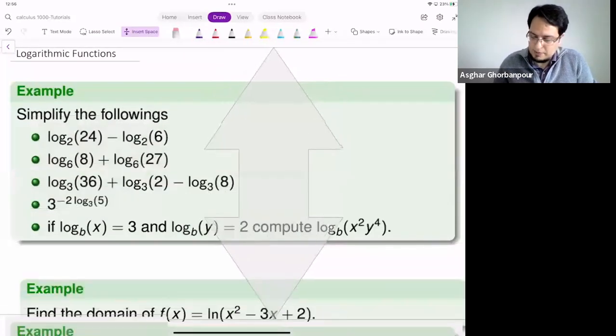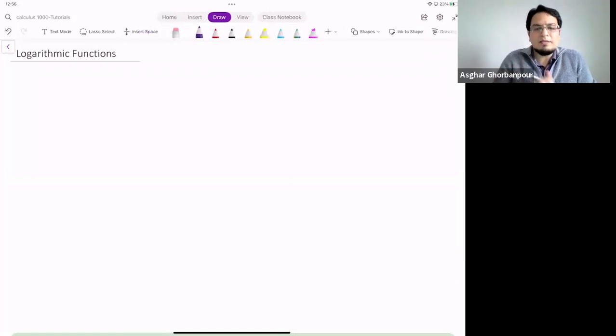So, logarithmic functions, or log functions. This is exactly, as I said, the inverse of the exponential function. The exponential function sends x to b to the power x. Now we want to find the inverse of the exponential function.